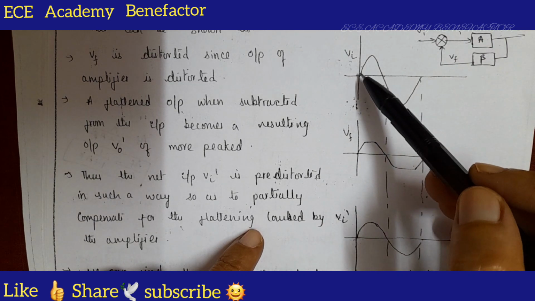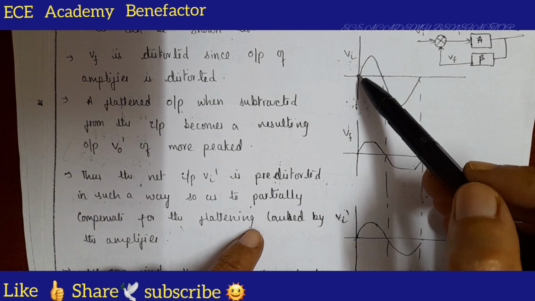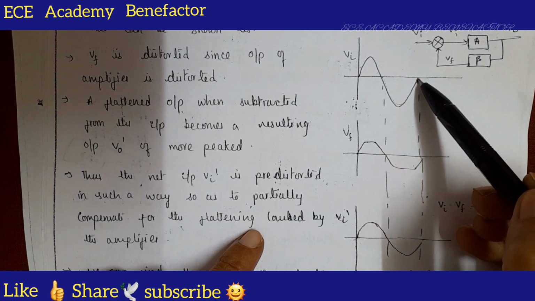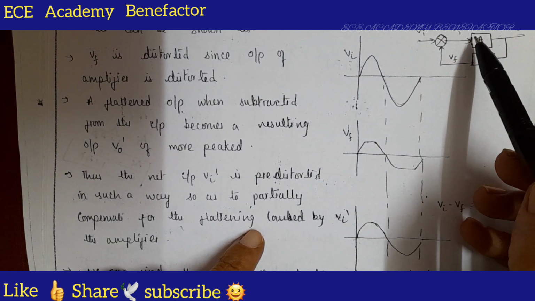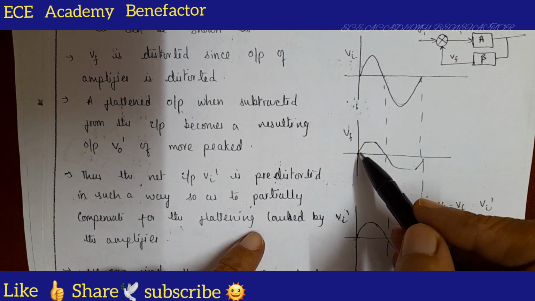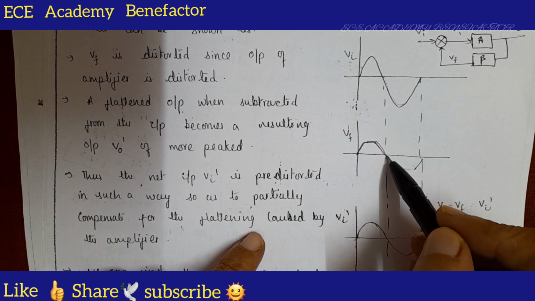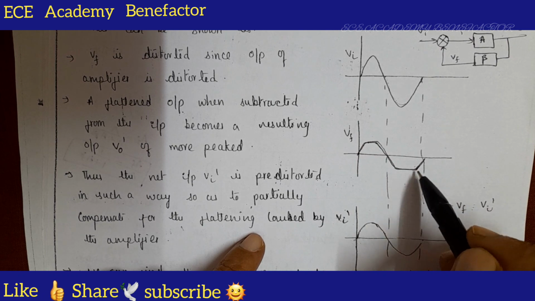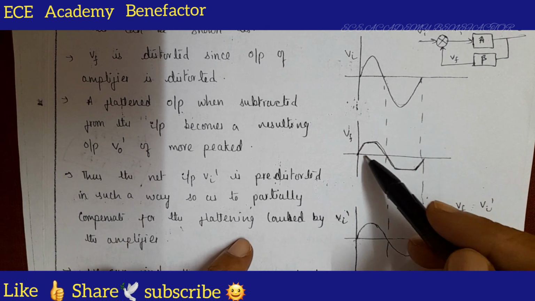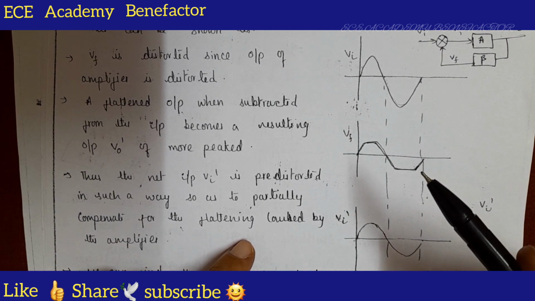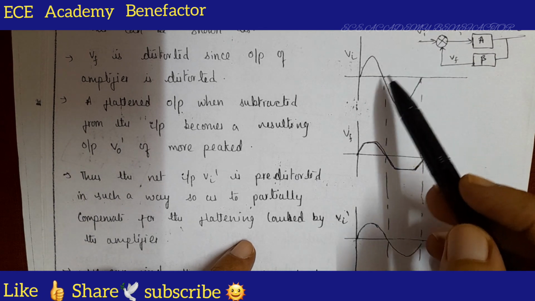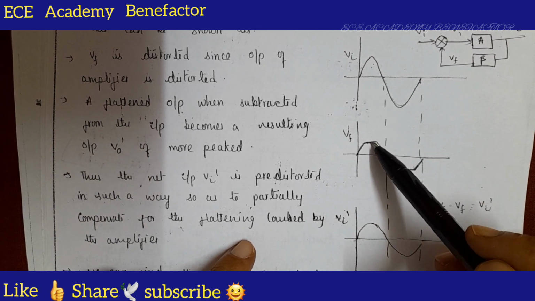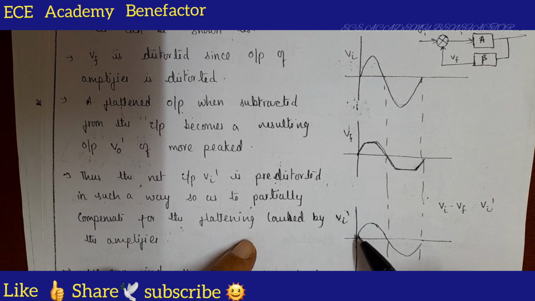So let us assume that this is the Vi input signal of this nature. And now what happens? The feedback signal, let us assume that it appeared in this form, that is in the distorted form. Some part of the peaks are clipped off. Let us assume that this is the feedback signal appearing. Now when we take the difference of these two signals, how will it appear? It will appear as a smooth waveform.